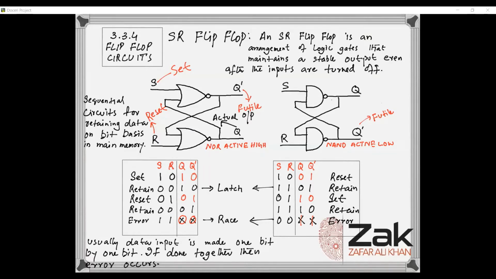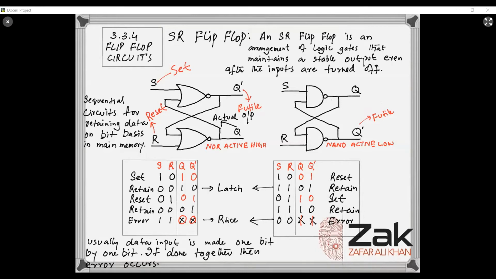So mind it, when S is 1, R is 0, and you latch it, the circuit has 1 saved in it. When S is 0, R is 1, and you latch it, the circuit would have 0 in it. And at any given time, if they both are given ones, or they both are set together, there would be an error, and we call that error race.